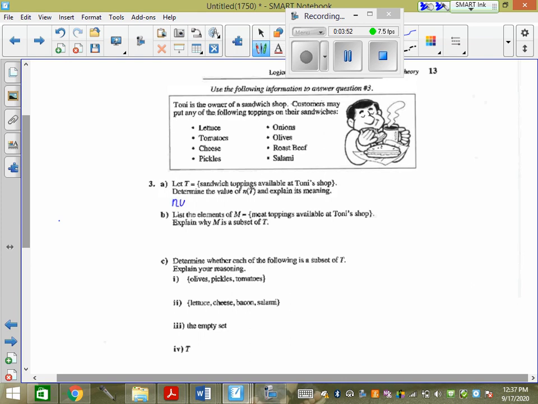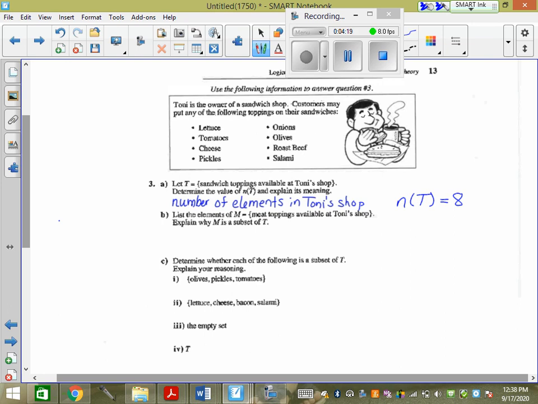Not in tomato. The number of elements in Tony's shop. Or we could say the number of sandwich toppings available at Tony's shop. That would work too. And what is n(T)? What does it equal? 8.